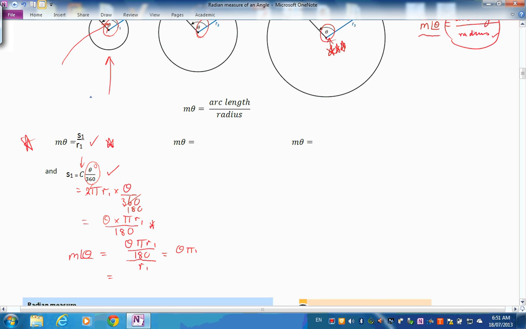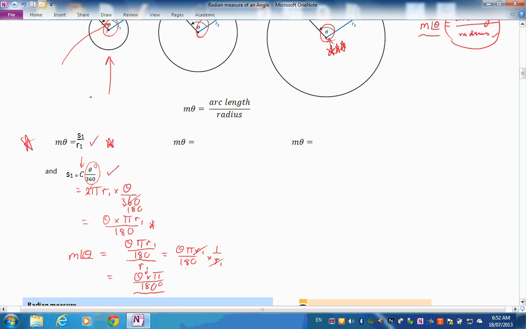Theta pi R1 over 180, and we're dividing by R1. So that is theta times pi over 180. If theta started off in degrees, it would be theta in degrees times pi divided by 180. That would be our expression for arc length over radius in the little circle.